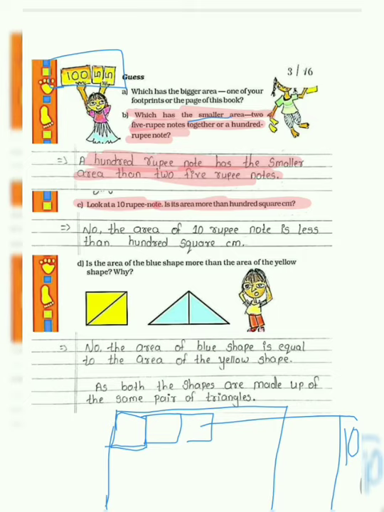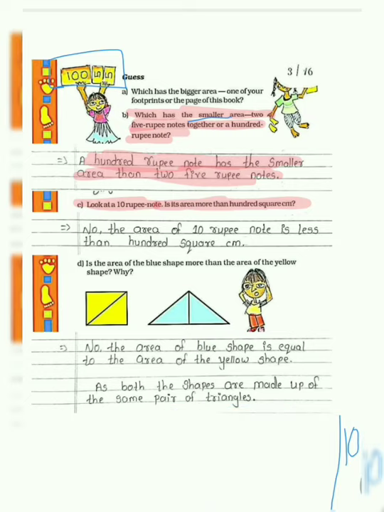Is our 10 rupee note that big? Is the area of the 10 rupee note that much? No. Practically we can understand that the area of a 10 rupee note is less than 100 square centimeter. The area of the 10 rupee note is not that big. So we will write no.